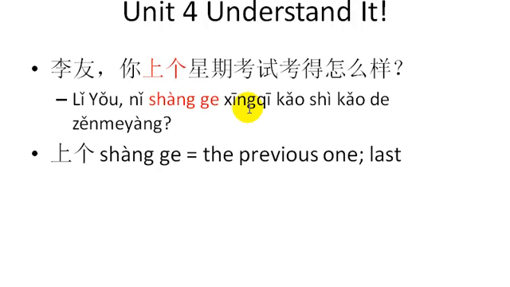Alright, next in our dialogue, we have Wang Peng saying, Leo, 你上个星期考试考得怎么样? Now here's some new tricky grammar. Well, before we get to the tricky grammar, let's take a look at this. 上个 means the previous one or the last one.